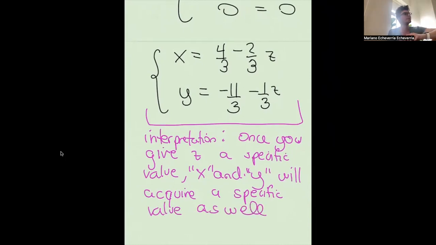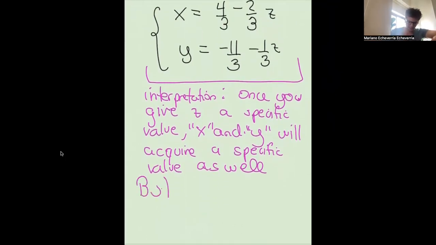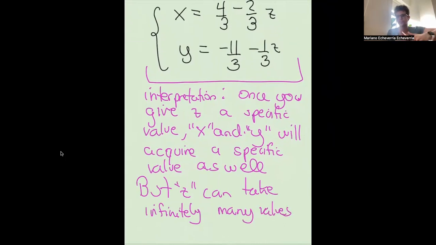But how many values can you give to the variable z? You can give infinitely many values to z. z could be 1, z could be 0, z could be 1/2, it could be minus 2, it could be minus 1/3. You see what I mean? So c can take infinitely many values. So this system has infinitely many solutions.